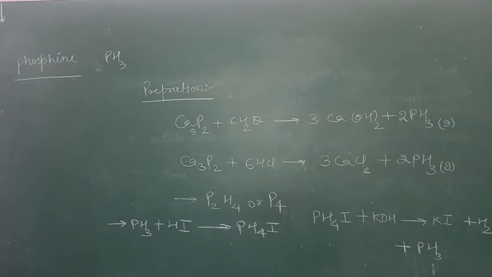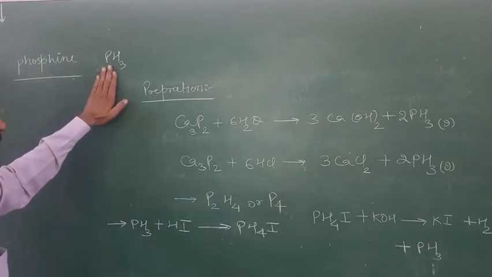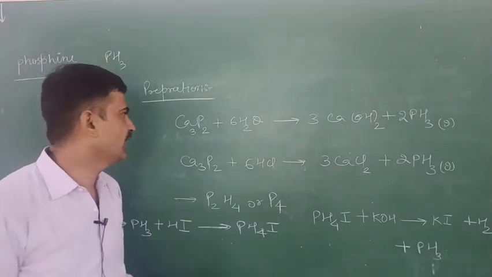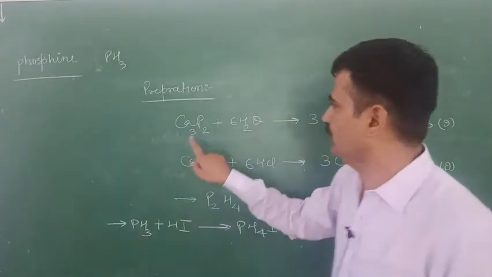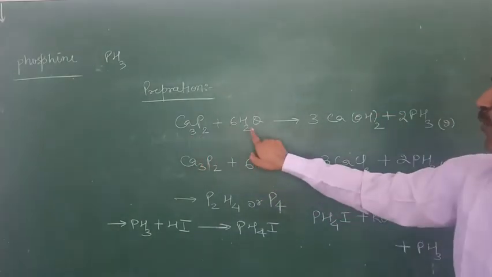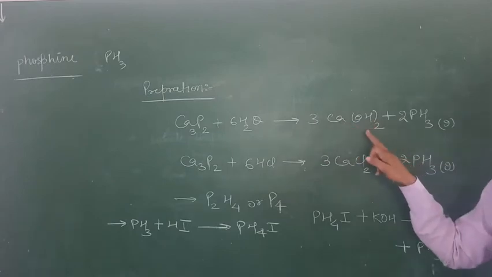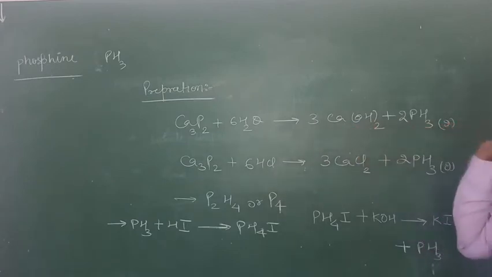Now students, our next topic in this series is phosphine gas. How is phosphine gas prepared? Phosphine gas is prepared by reacting calcium phosphide with water. Calcium phosphide reacts with water, it forms calcium hydroxide and phosphine gas is produced.